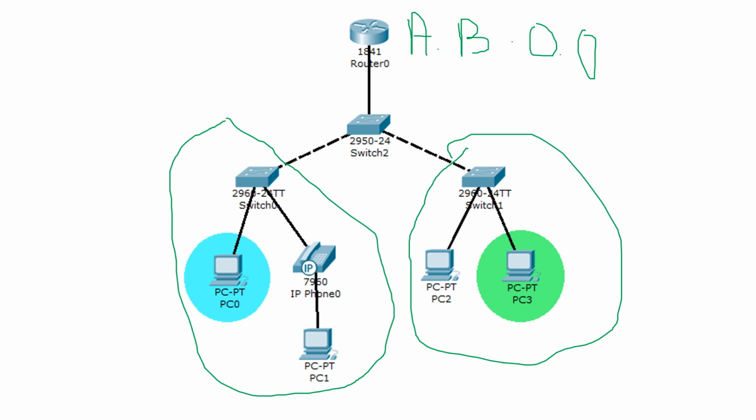Suppose a router has to allot a different network address for VLAN 1. What would it do?